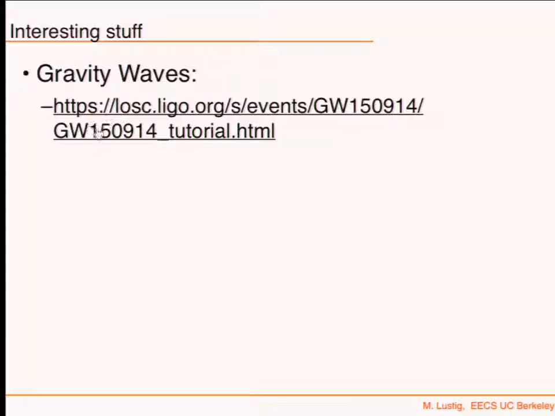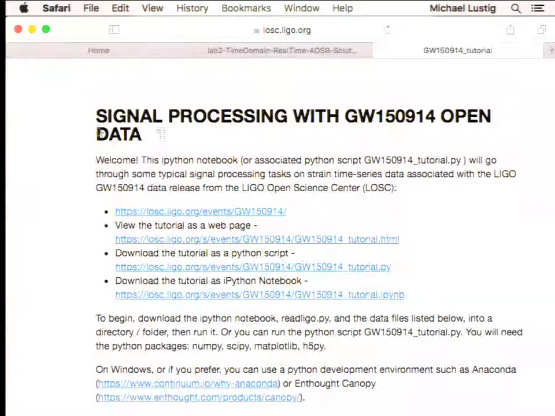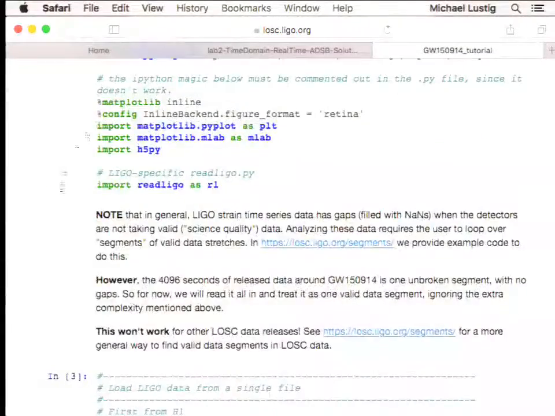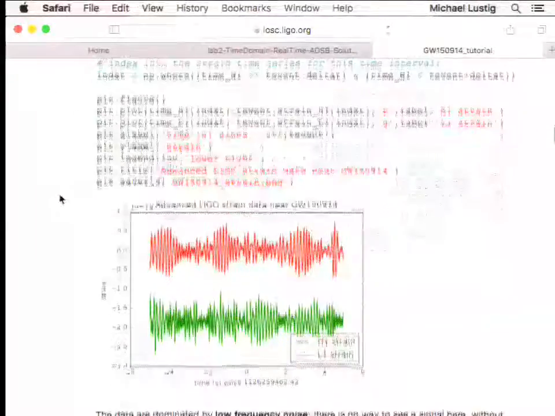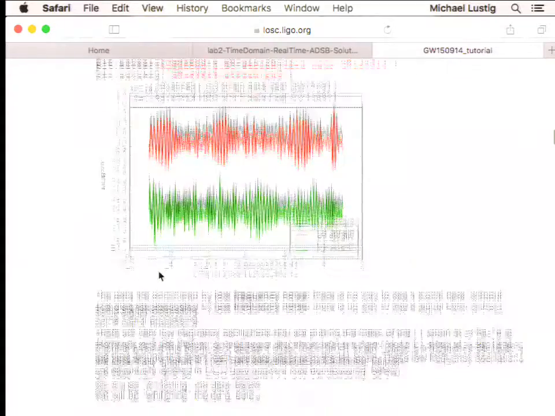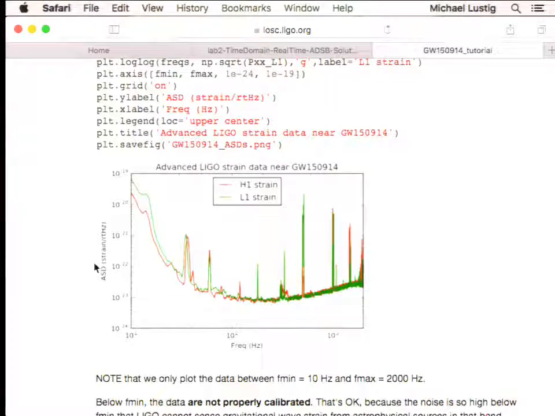Unbelievable. But if we're talking about DSP, there's a really nice tutorial of how to process these data sets. You can go over there, and it's all in IPython notebooks. They have some intro, how to load the data, where to download all this data. Once you load the data, you can look at it, and here are some plots from signals picked up from these two sensors, the strain measurements, and then you do some spectral analysis of them.